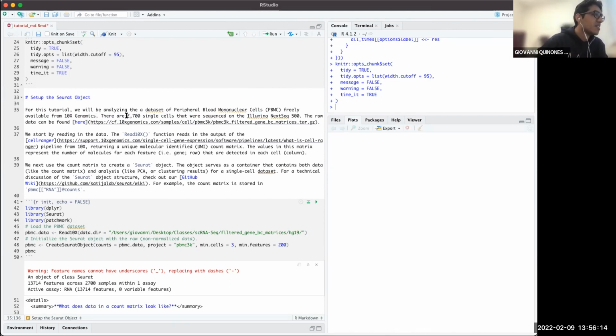It contains 2,700 single cells, and it was sequenced using the Illumina NextSeq 500 platform. Here is a link to the data set, but you don't need to go to this link. I'll show you later how to access the data.